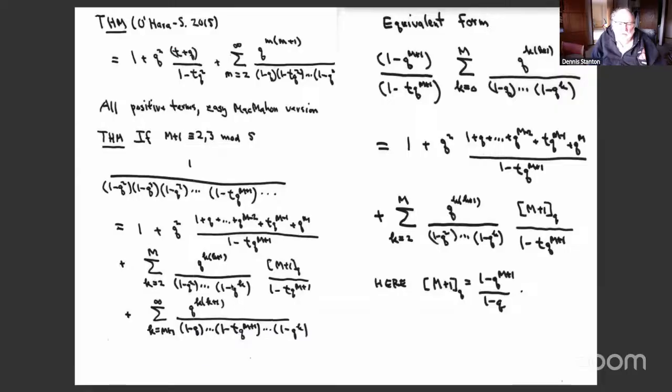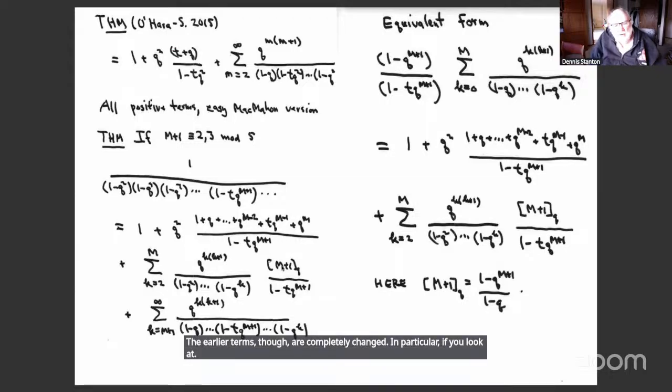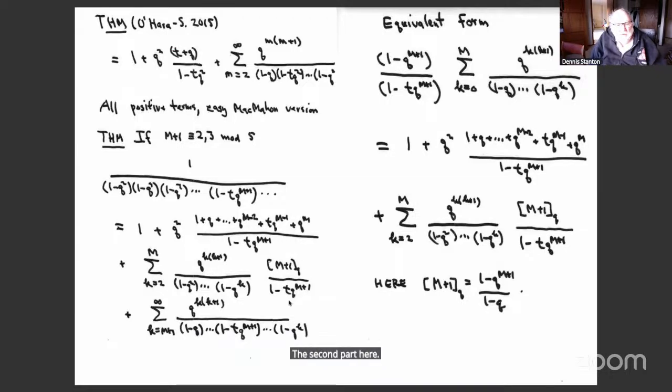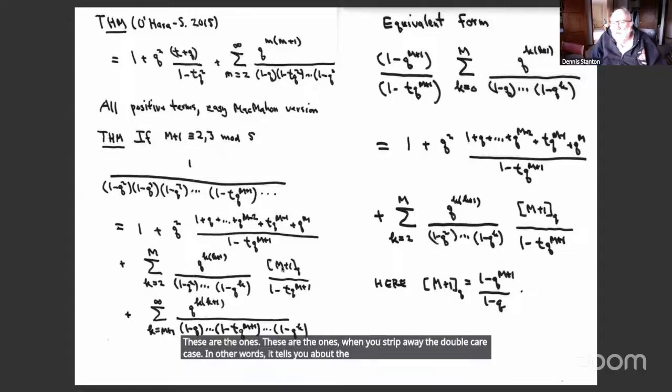The earlier terms, though, are completely changed. In particular, if you look at the second part here, this last part, when t equals 1, is 1 over 1 minus q. These are the ones when you strip away the double staircase. In other words, it tells you about the length of the largest part.